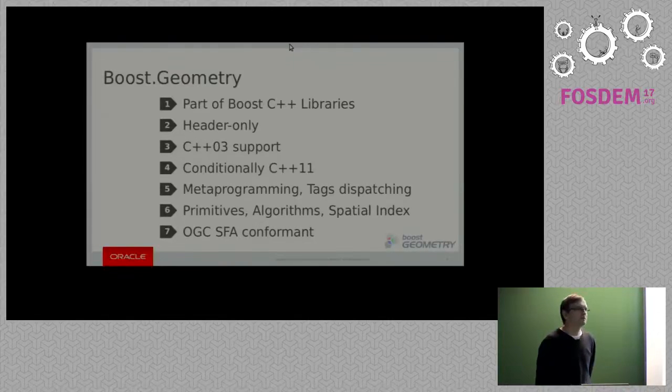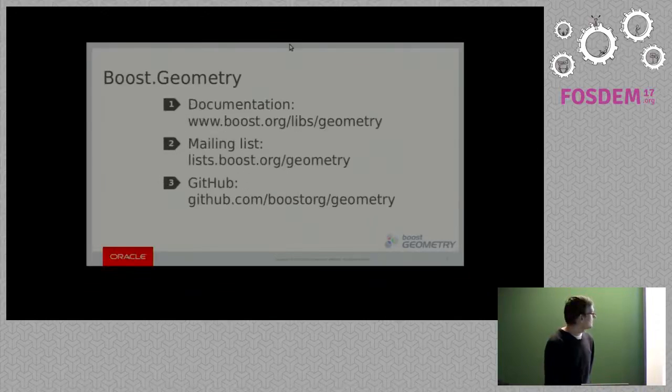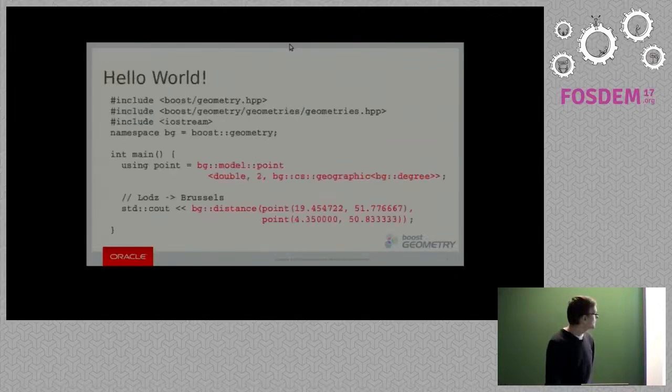Its purpose is to be OGC standard conformant. And there's also an implementation of spatial index. Some of the links are also on the presentation, the talk page, so no need to write them.